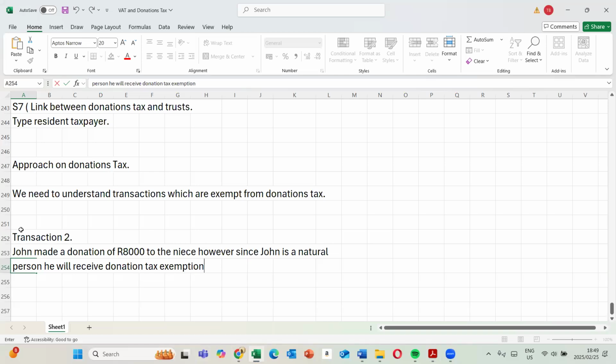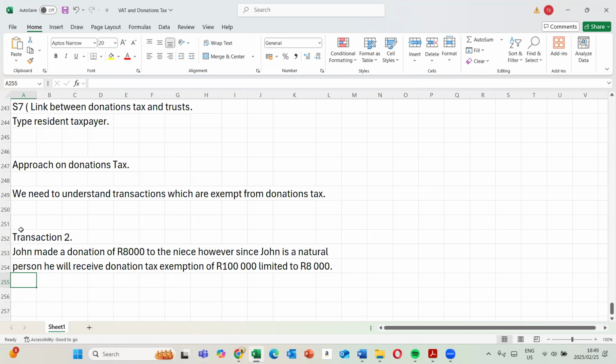Remember, we said natural persons receive an exemption of 100,000. So John is going to get a donations tax exemption of 100,000, limited to. Since 8,000 is less than 100,000, we're just going to limit it to 8,000. So that's our limit with regards to this donation.